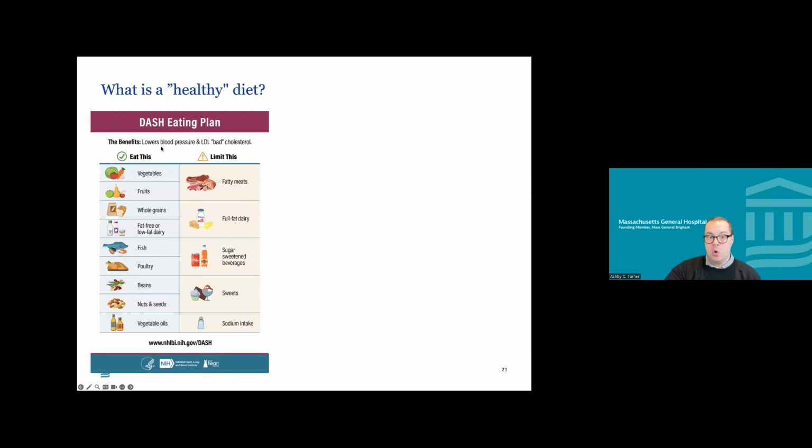So it's a low salt diet featuring predominantly fresh fruits, fresh vegetables, whole grains, fat-free or low-fat dairy, fish, poultry, so lean proteins, predominantly beans, nuts and seeds, and then vegetable oils, limiting fatty meats, full fat dairy, sugar, sweetened beverages, desserts, and then salt.